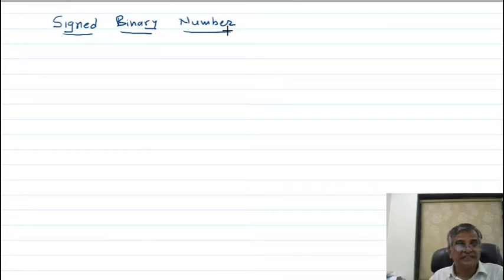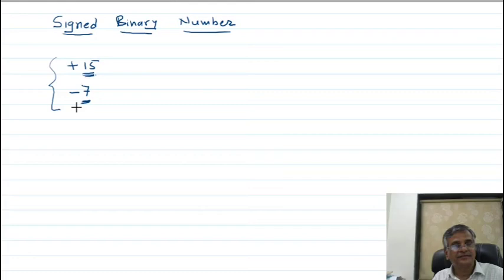For a signed decimal number, we use a plus sign to mention a positive decimal number and a minus sign to represent a negative decimal number. This is called a signed decimal number. But for an unsigned number, we do not mention any sign. Suppose this is the decimal number 25, it is positive.